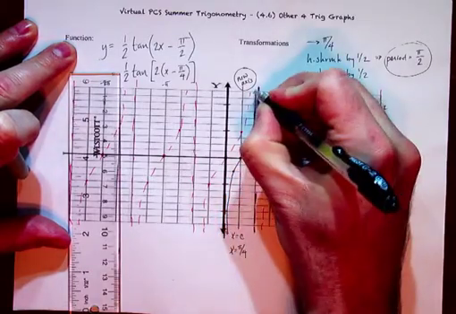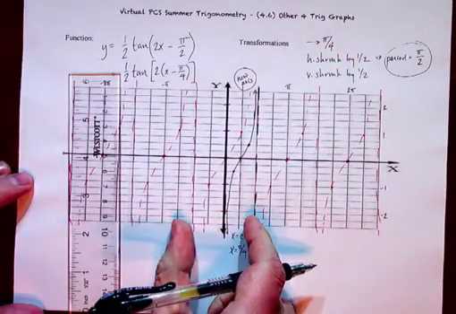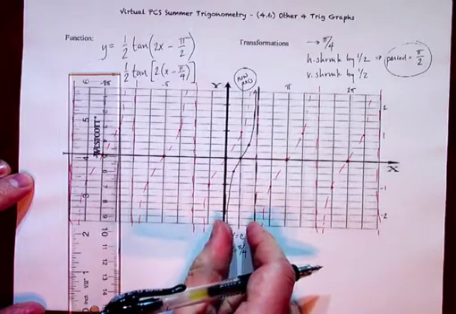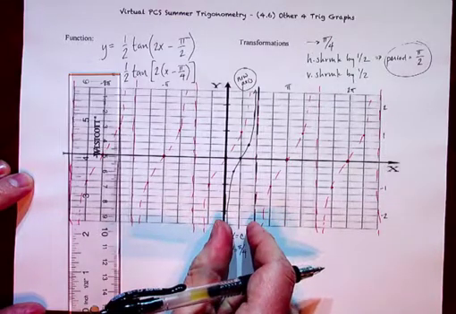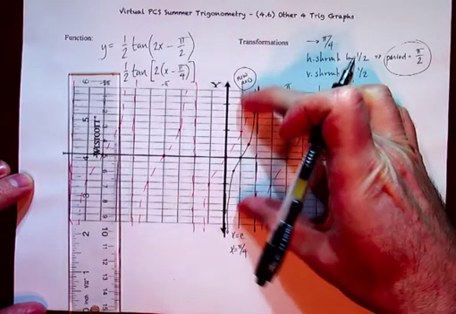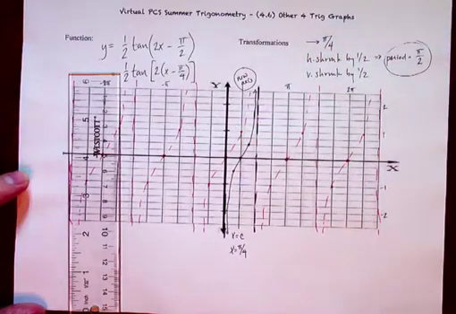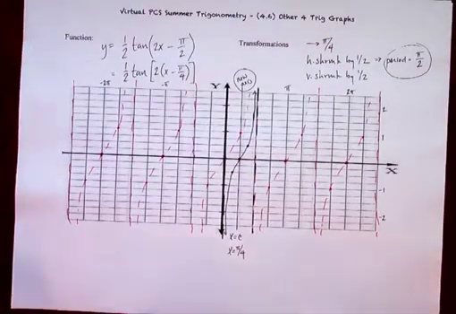And that original period moved over and then squeezed in, okay? And then, of course, it also squeezed this way by a factor of 2, or 1/2, however you want to think about it. So it was divided by 2 or multiplied by 1/2.